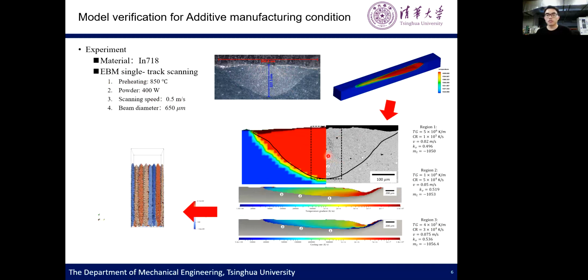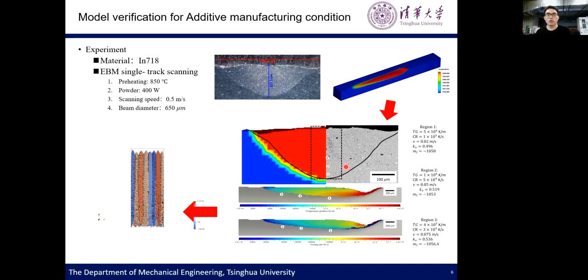We then extract the solidification conditions in these three regions, region 1, region 2, and region 3, which are at different heights from the bottom of the melt pool. We get the temperature gradient and the cooling rate and calculate the solidification velocity, and then get the solidification velocity related partition coefficient and solute liquidus slope, which we then use in our dendrite growth model.